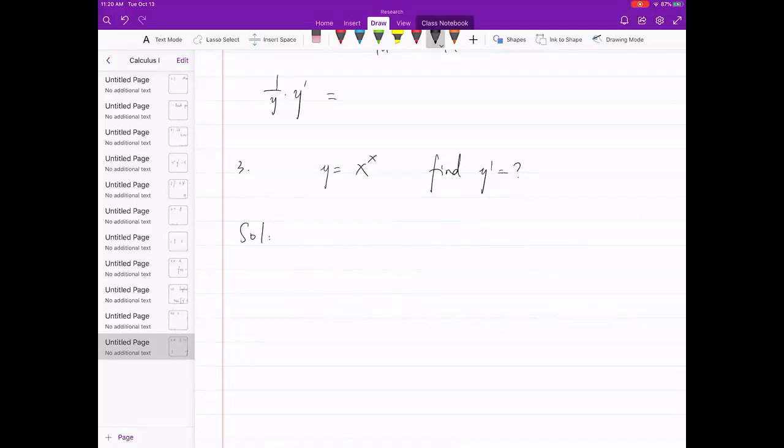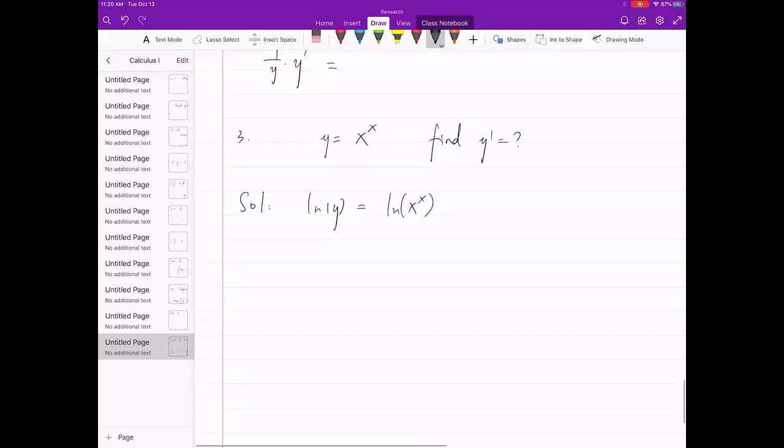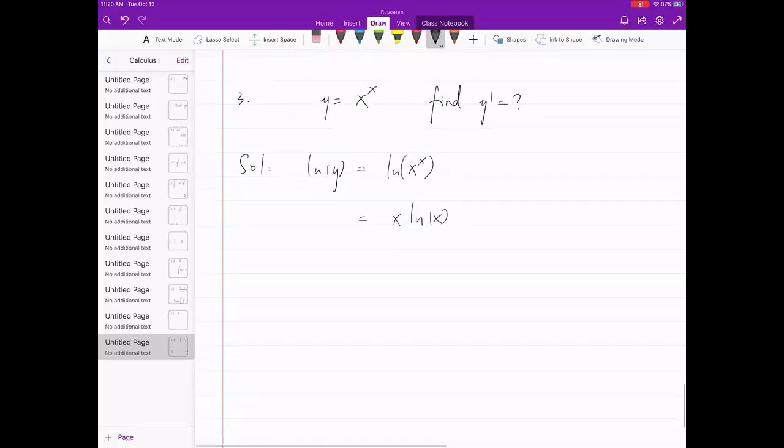Sounds good? Then how are we supposed to do it? Well, again, you have a power. You hate the power. Let's do ln. Good news is this power is down. Now you have a product. Okay, this is not doable. This is doable because if you take the derivative of this, it's nothing but a product rule.